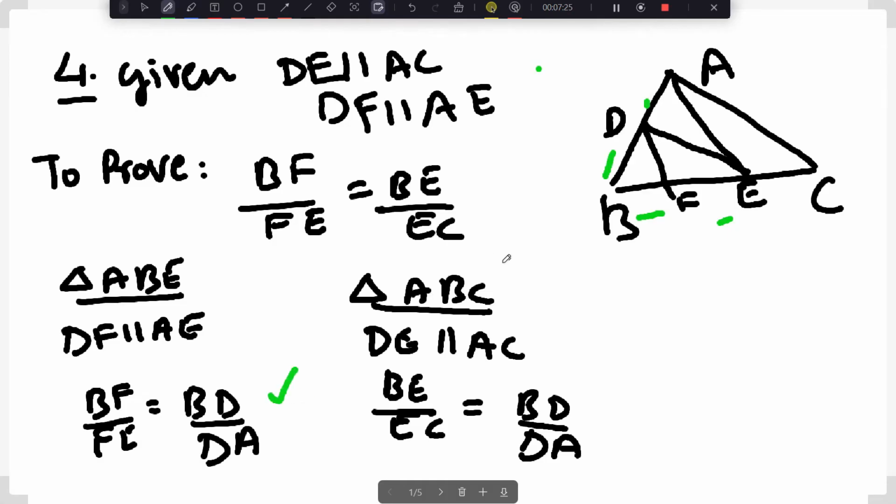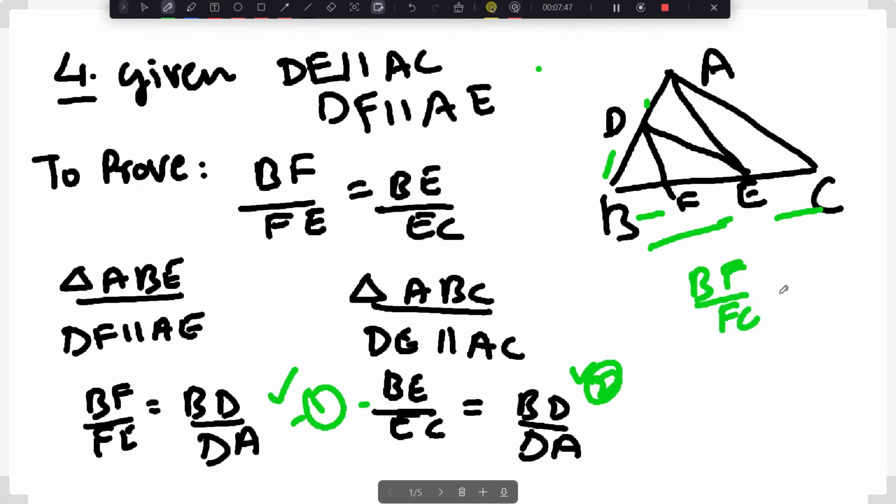Now looking at the bigger triangle ABC, DE is parallel to AC, so this will also divide the sides in equal proportions. BE by EC equal to BD by DA. Now if you look at these two equations, we can call them 1 and 2. From 1 and 2 we can see that the RHSs are equal. So we can conclude that BF by FE is equal to BE by EC.